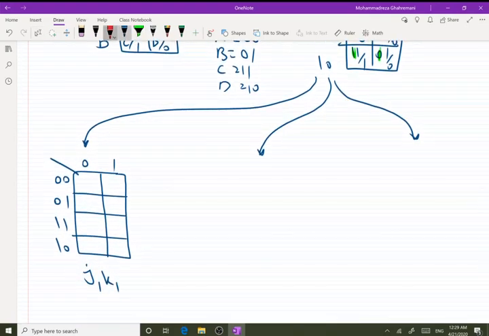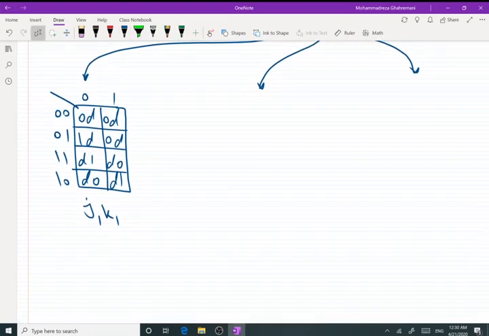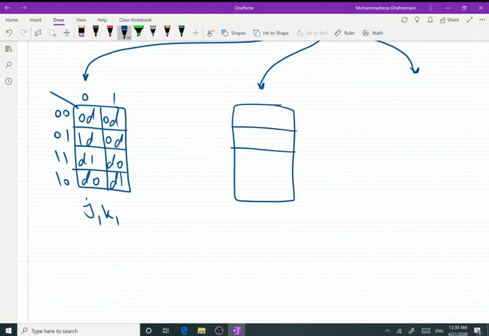If we complete and fill the table with the excitation table of the JK flip-flop, we will have 0D, 0D, 1D, 0D, D1, D0, D0, D1. This one is for J1 K1, and the next one is for J2 K2.